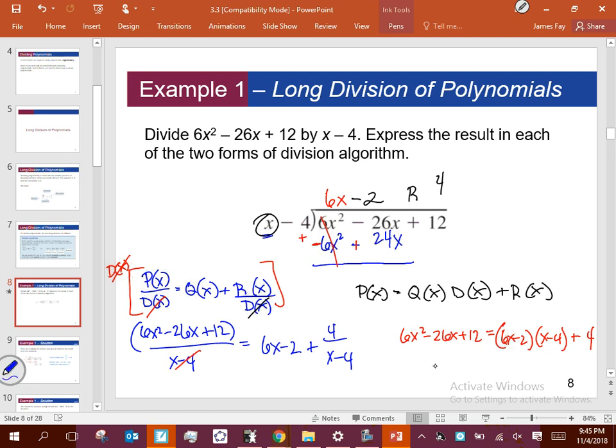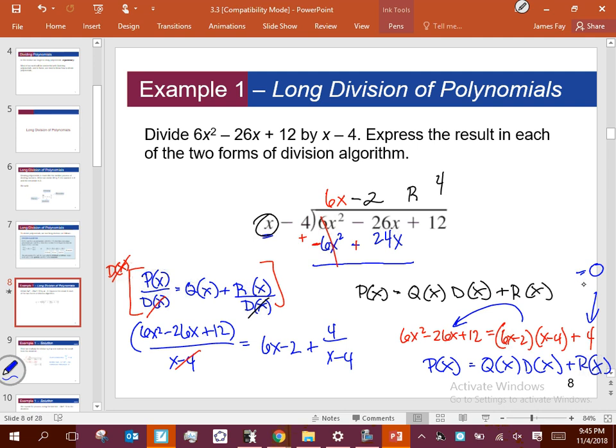Here's the thing. I like this form. It says p of x is equal to your quotient times your divisor plus your remainder. If I were to FOIL this out and add 4 to it, it's going to get me back to that. Why is this beneficial? Because it's really nice when this remainder turns into a 0 eventually.